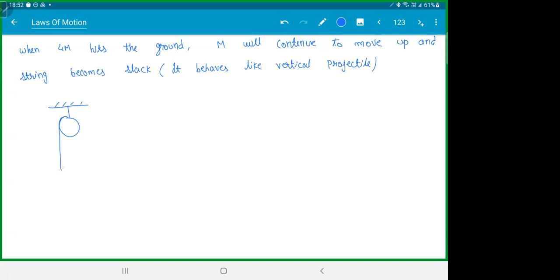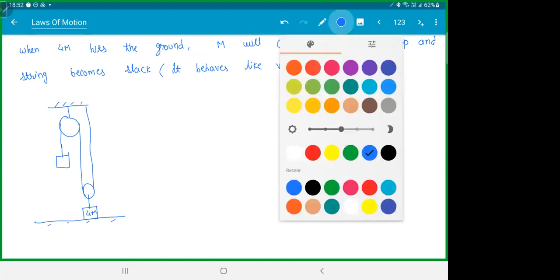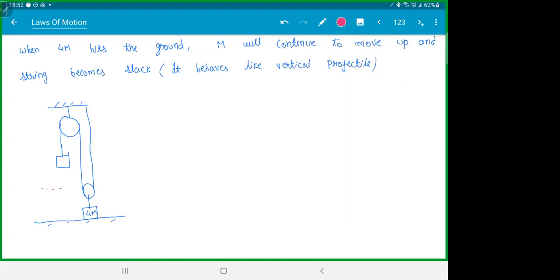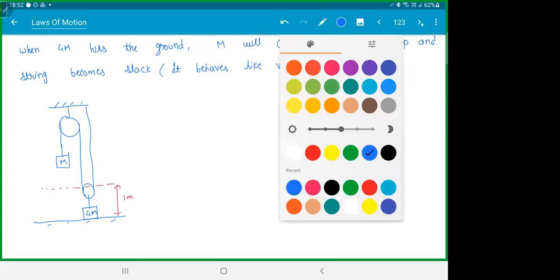So initially the scenario: when the 4m hits the ground, now see, this was the initial level. This was 1 meter. And we know whenever 4m is going with acceleration a, m is going with double the acceleration.